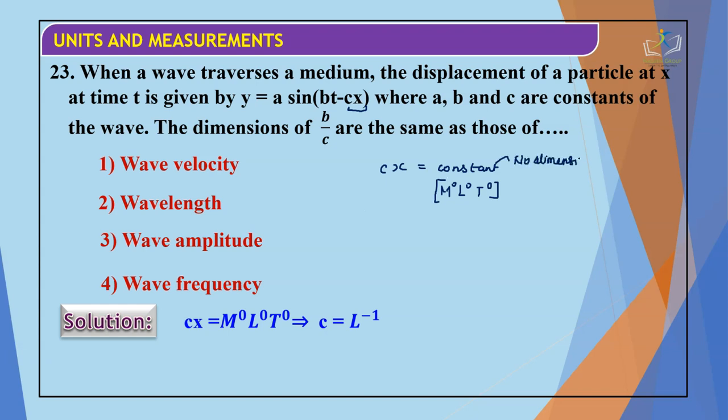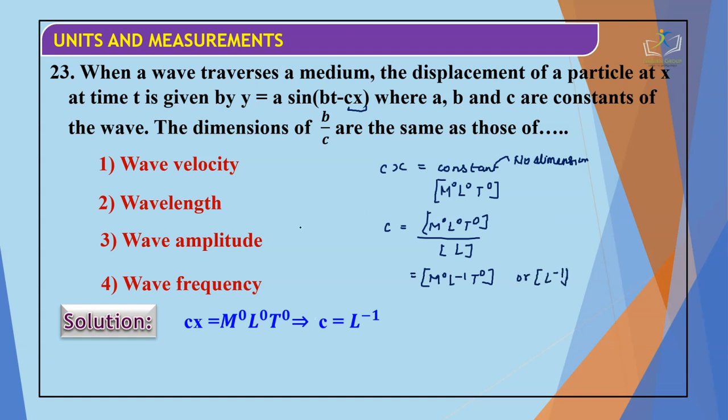That's why we are writing in this form. Clear? And for c, here this will be x, so M0 L0 T0 with x dimension, which is L. So we can write M0, L minus 1, T0, or simply L minus 1.